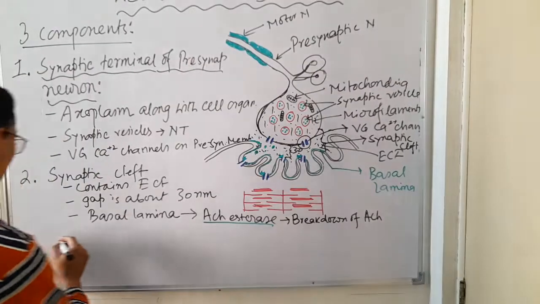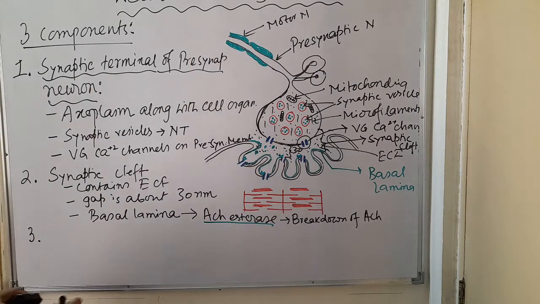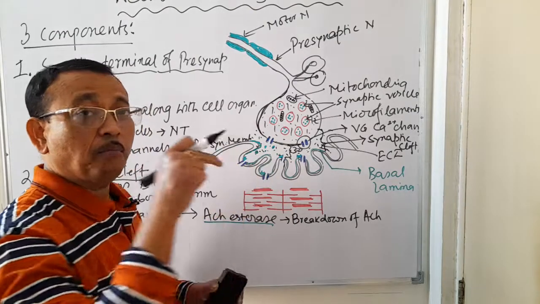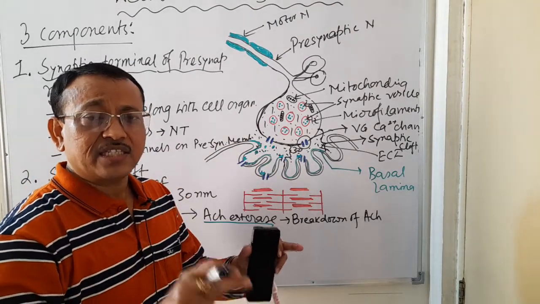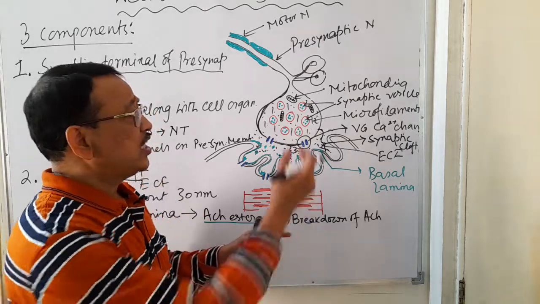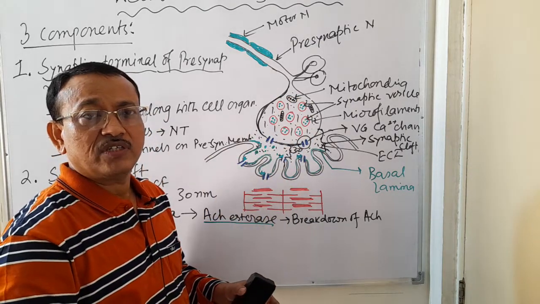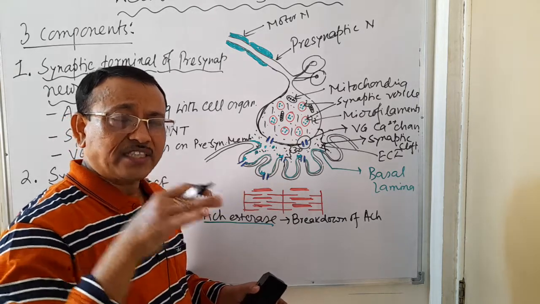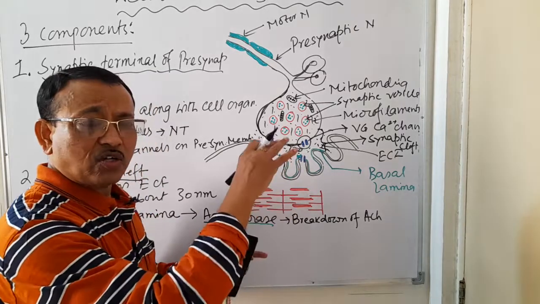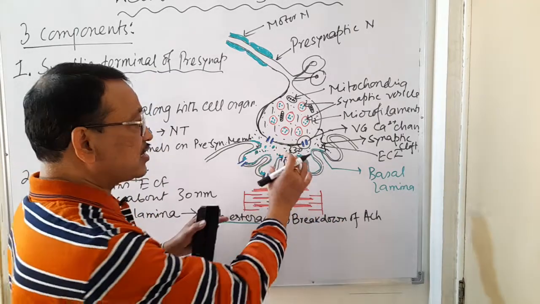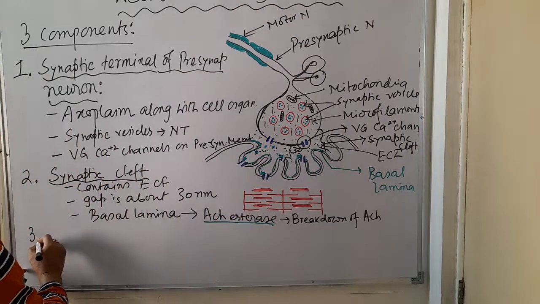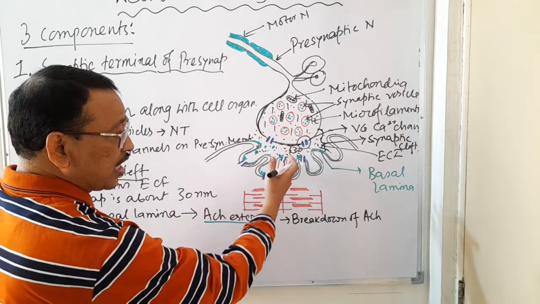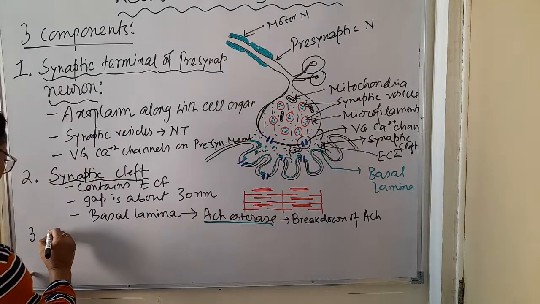Now is the third component. So this is the second component, and the third component is basically the muscle membrane, that is the sarcolemma, on which the nerve invaginates. The nerve gives supply to a muscle. So the nerve invaginates towards the muscle membrane, the sarcolemma, and this invagination of the motor neuron on the sarcolemmal membrane is known as the motor end plate.